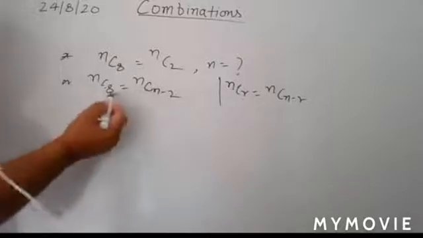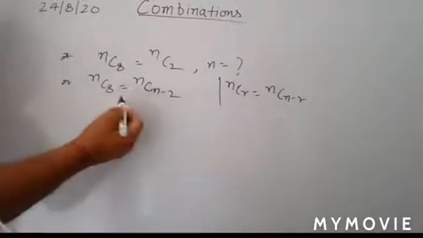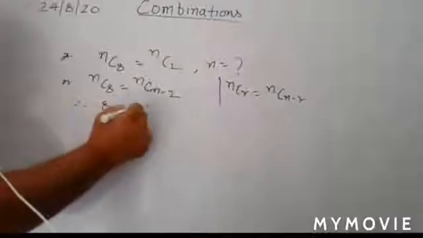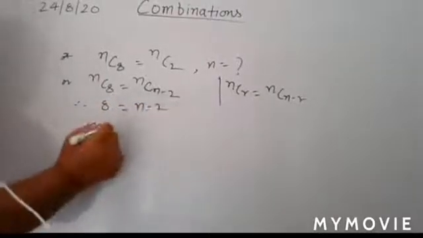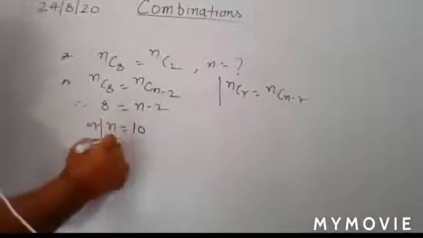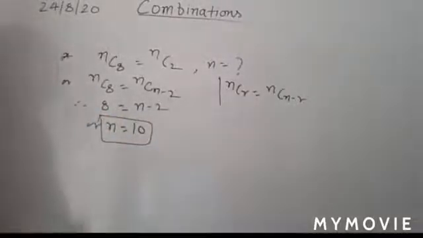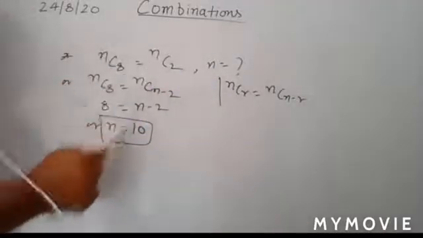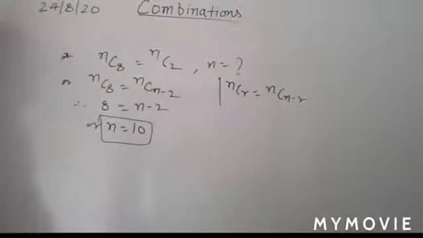Now these two numbers are equal, so you can say 8 is equal to n minus 2, or the value of n is equal to 10. So with the help of that formula, you can very easily find the value of n. Everyone getting it?